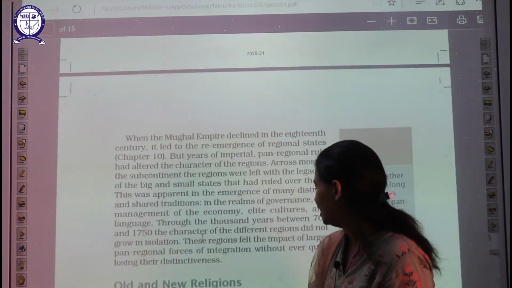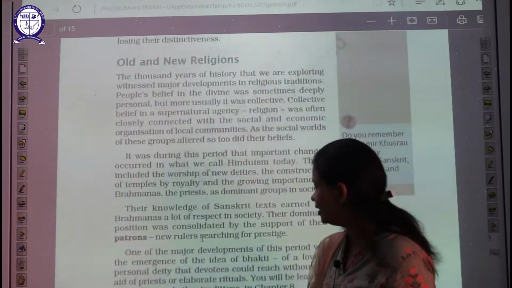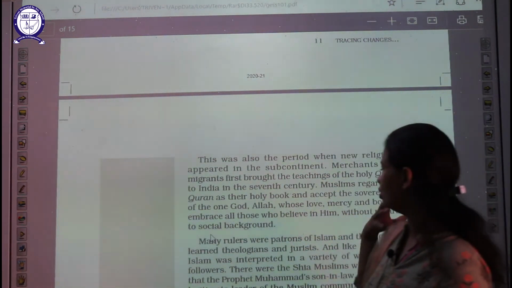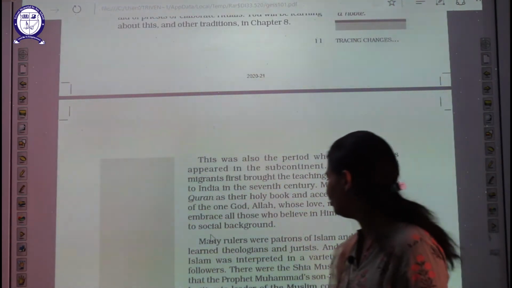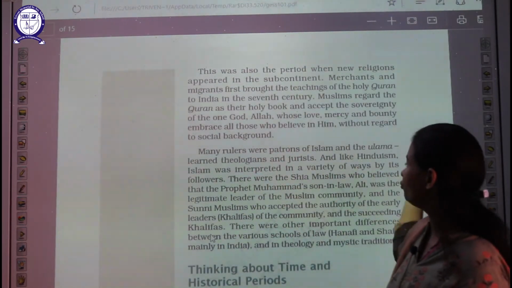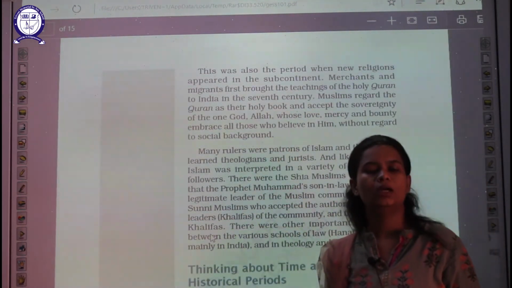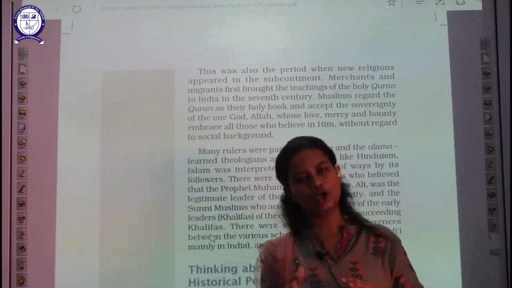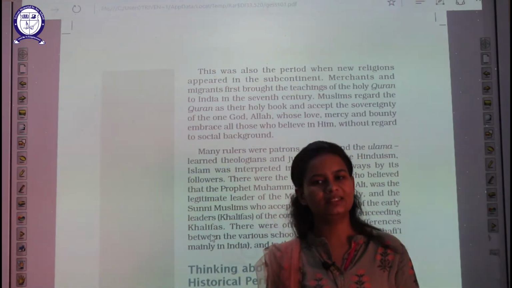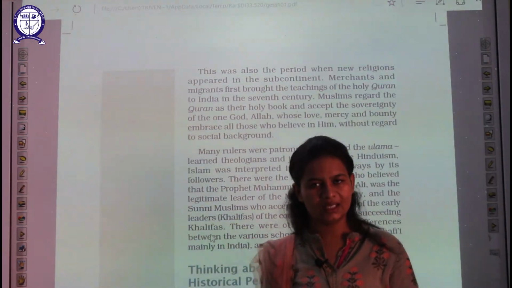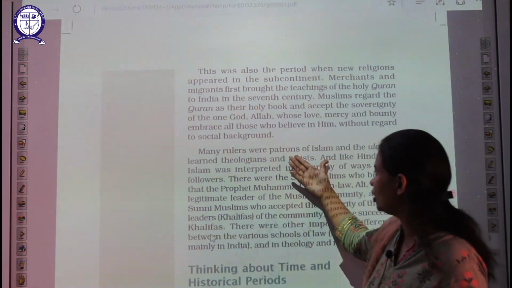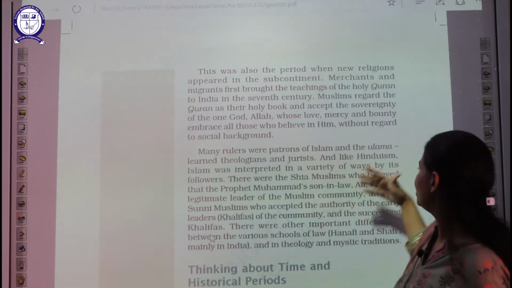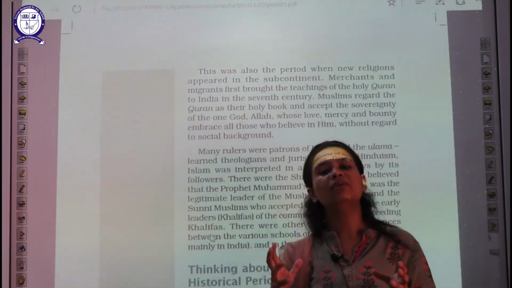So what is mentioned here? We were talking about old and new religions. Yes, the Muslims believed in the concept of Allah, and thereafter many rulers also followed the patterns of Islam, meaning its teachings. Like in Hindu religion there are priests and Brahmins, in the same way in Islam, they have the ulama, and these ulama are learned men.